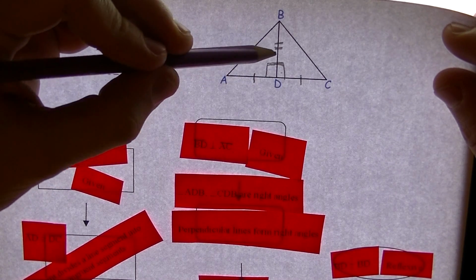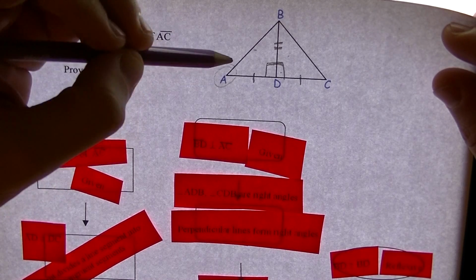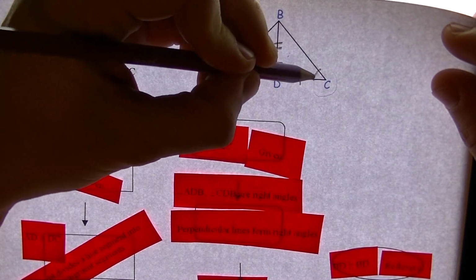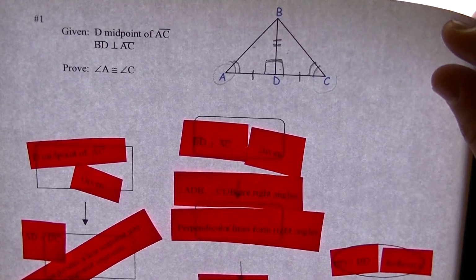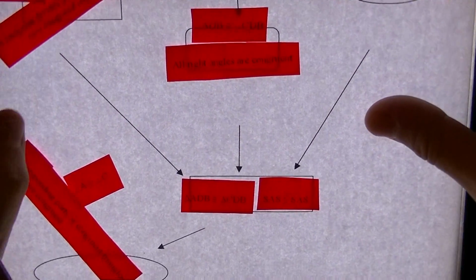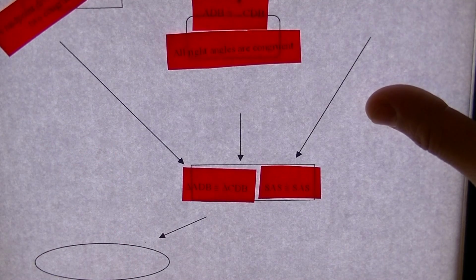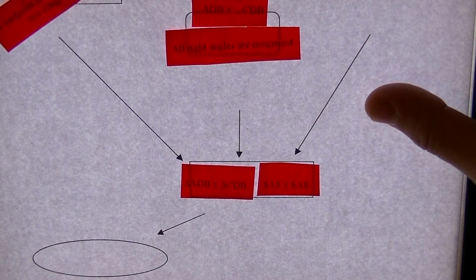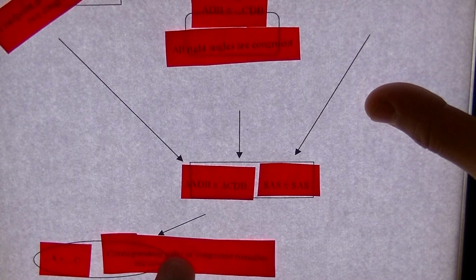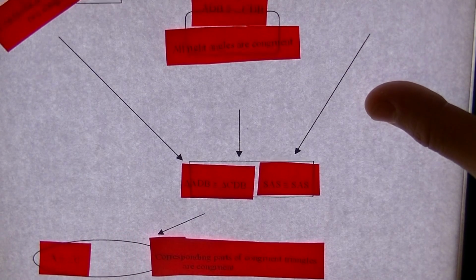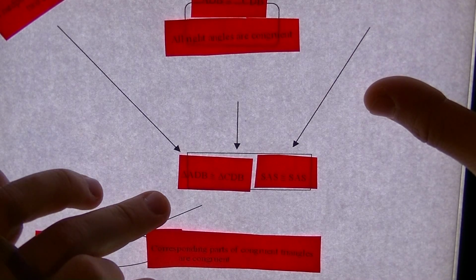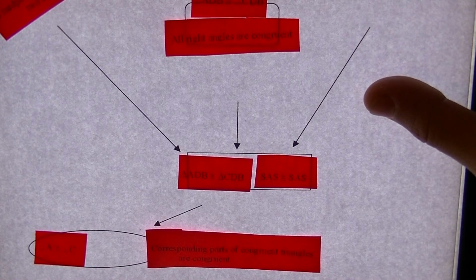So if these two triangles are congruent, angle A is corresponding with angle C, so that means angle A must be congruent to angle C. And that's exactly what we're going to say in our very, very final box over here, that angle A is congruent to angle C, and that is by this reason over here. Corresponding parts of congruent triangles are congruent.